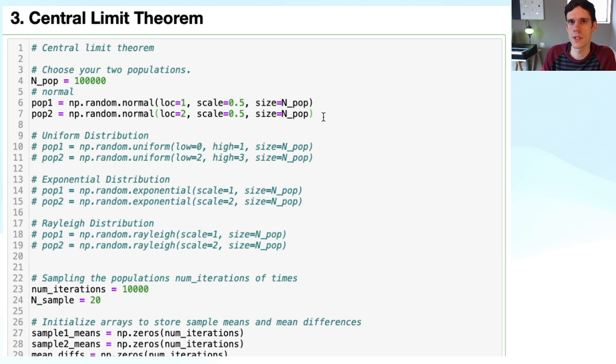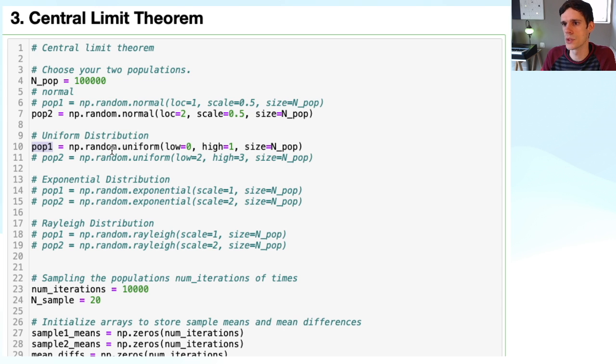At this point, it suffices to see how we can generate populations with these distributions. Let's say, for instance, that we want to change our population 1 from a normal distribution to a uniform distribution. Then we simply comment this line here and we uncomment this line where we now define population 1 as a uniform distribution. This is generated in the exact same way as the normal distribution.